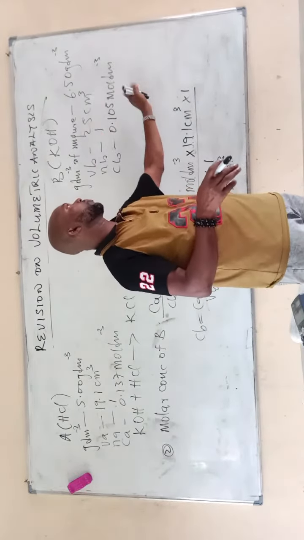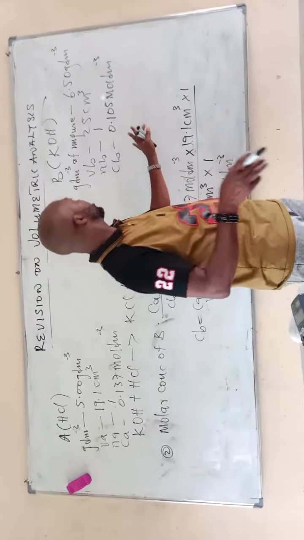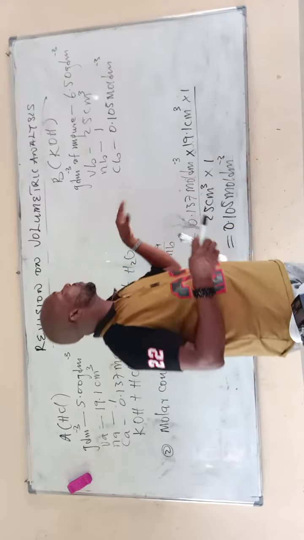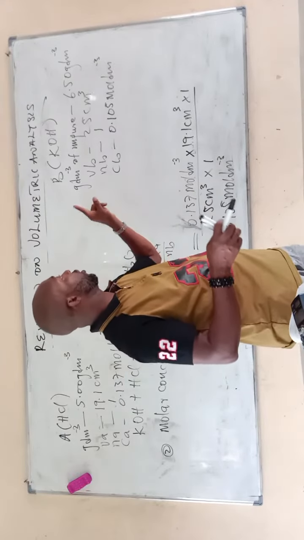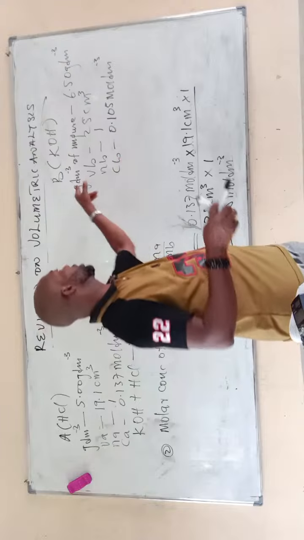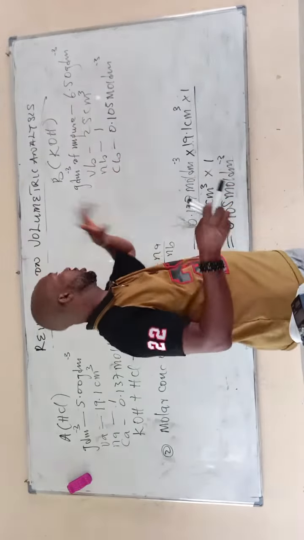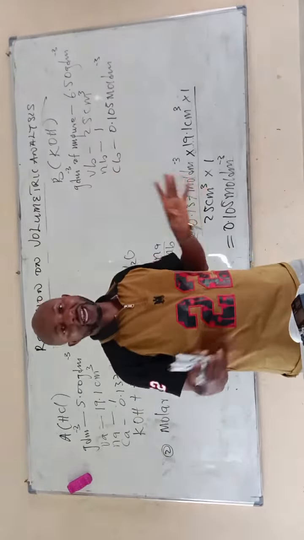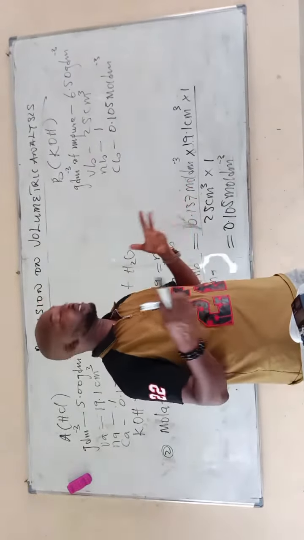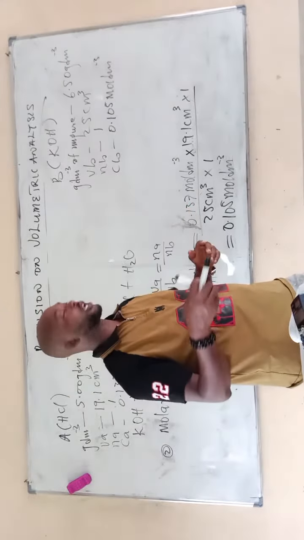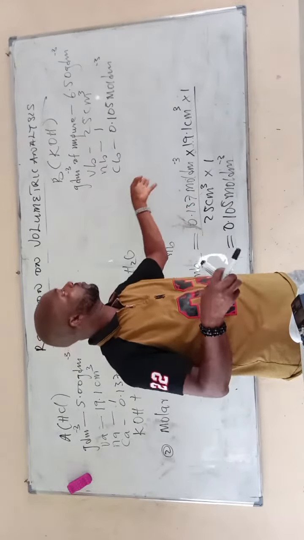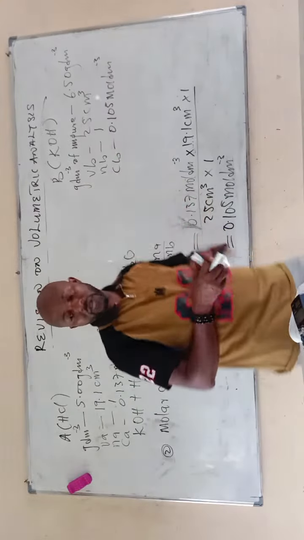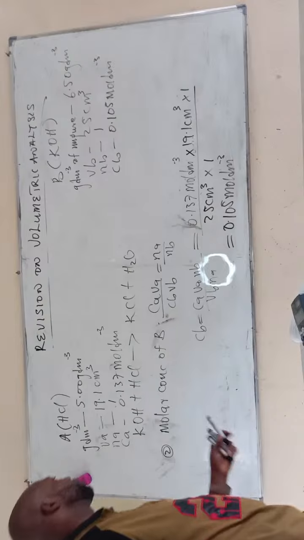The formula for percentage purity is the mass concentration of pure over impure times 100, and we've been given that of impure, so we must look for the mass concentration of pure first. Although they didn't ask for it, in situations like that this is what you must do to move forward. So I want to get the mass concentration of the pure base so that I can apply that formula when required. So let's go.